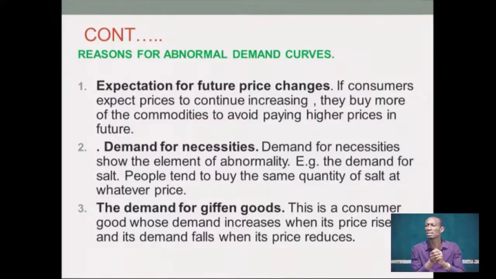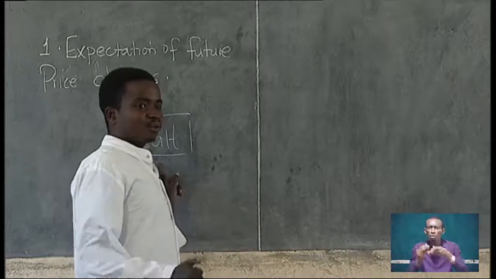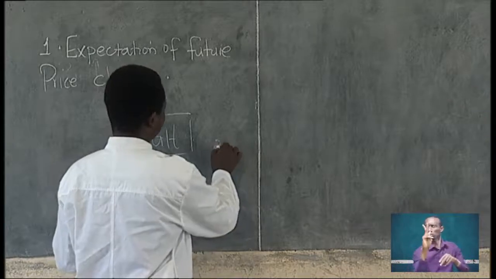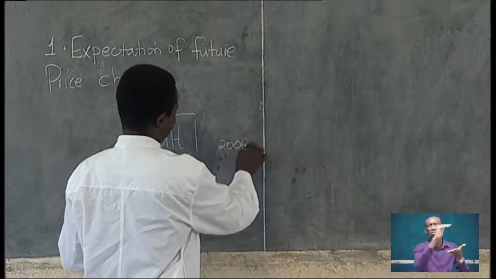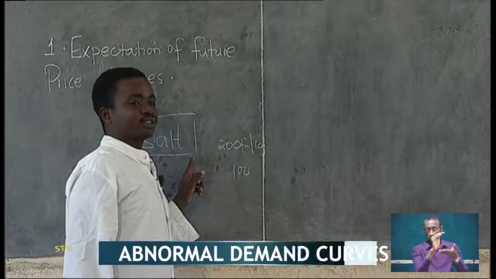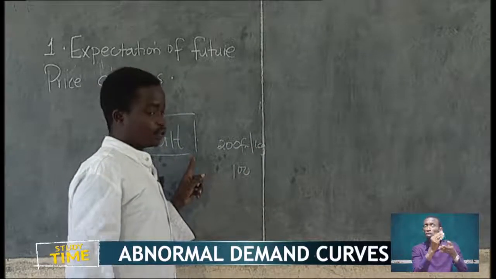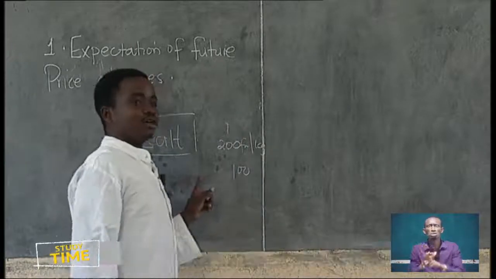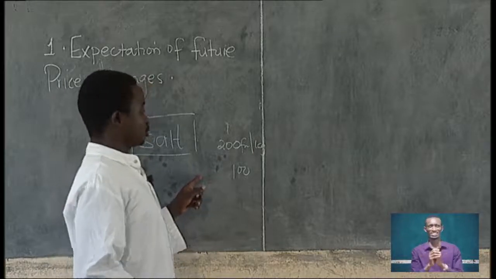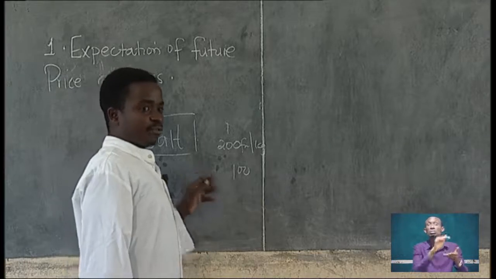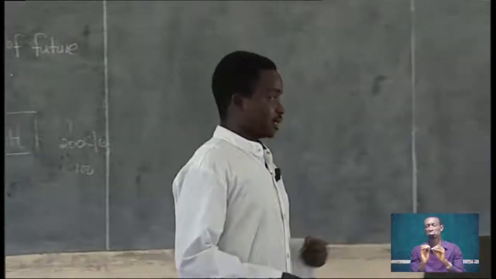Even if the price reduces, you will not increase the quantity consumed. If you have been consuming 1 kilogram of salt, and the price was 200 Rwandan francs per kilo and now it has reduced to 100, you may not increase the quantity demanded. Likewise, if the price increases, you may not reduce the quantity bought. So the demand for necessities has an abnormal demand curve.